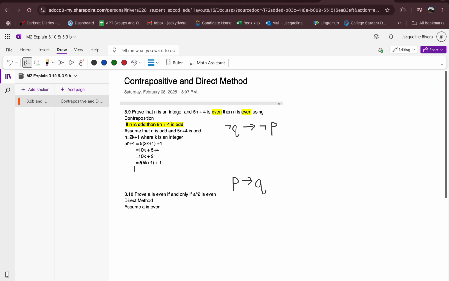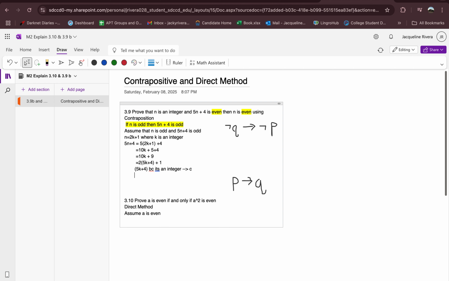And then, with our 5k plus 4 in parentheses, because it's an integer, we're gonna make it a c.